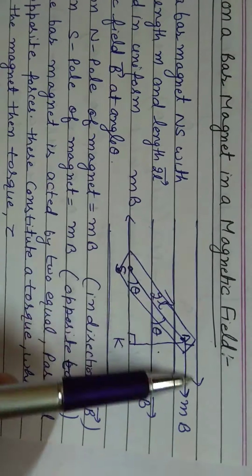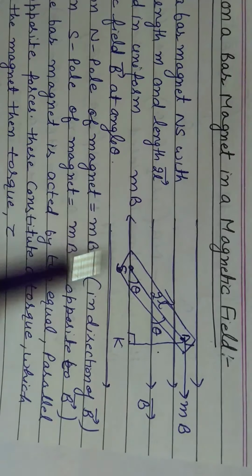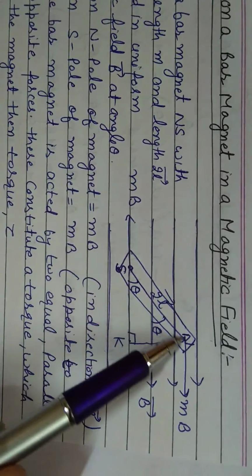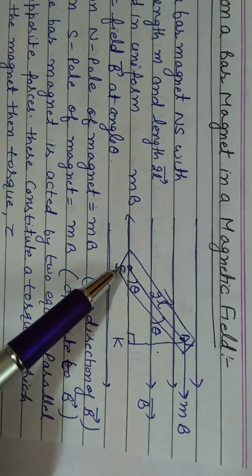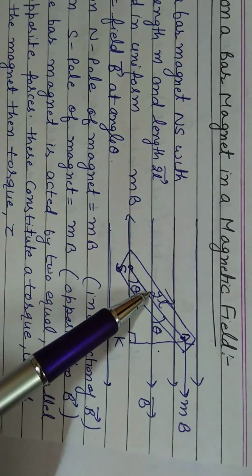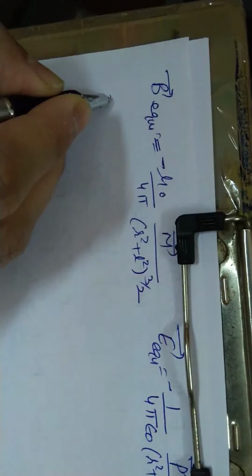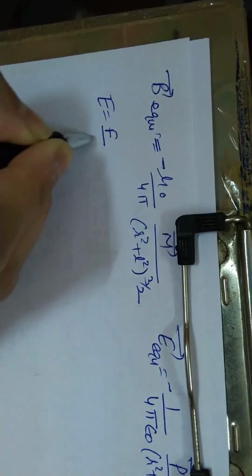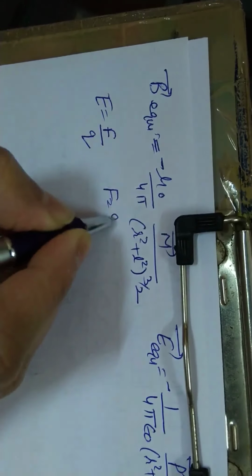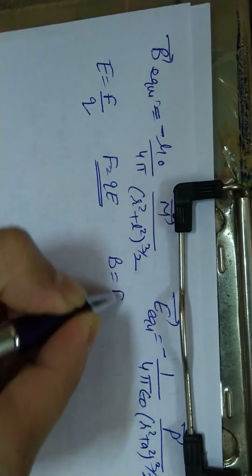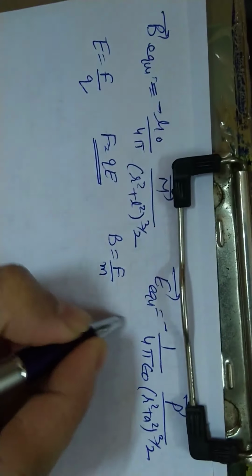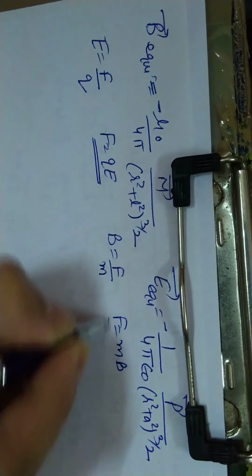So we have this uniform magnetic field here, and we place this bar magnet or magnetic dipole here with two poles, pole length, making angle theta. We have the formula that the electric field is force upon charge, so force due to the electric field is QE. Similarly, the magnetic field is force upon pole strength, so F is equal to MB.